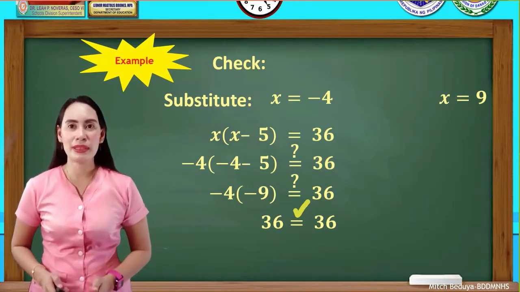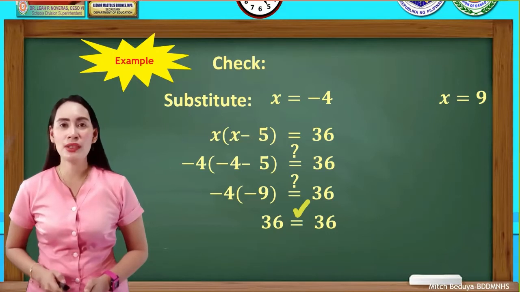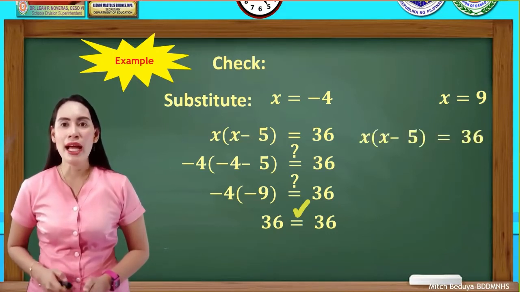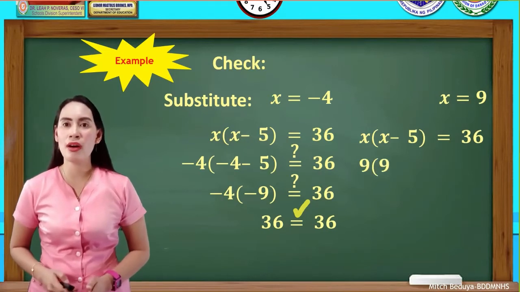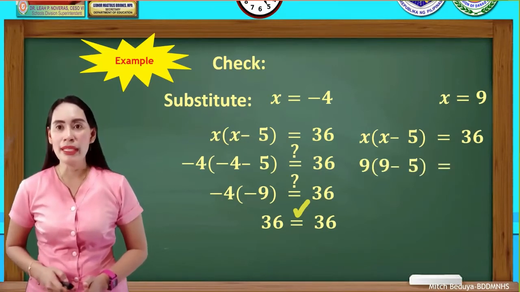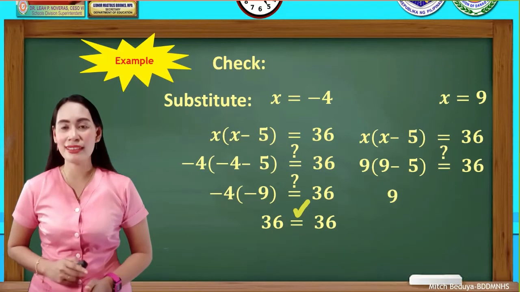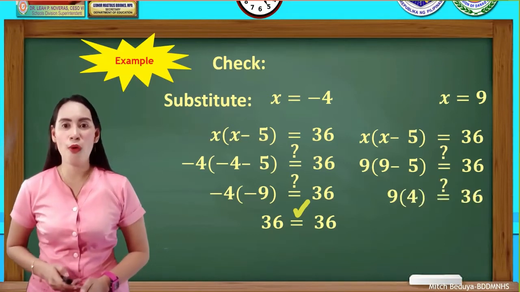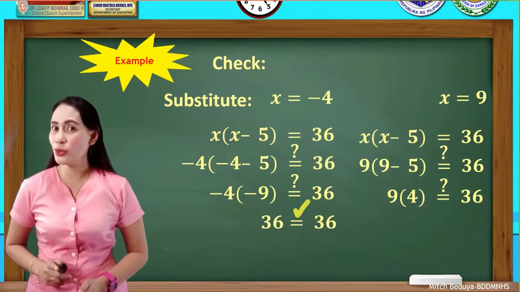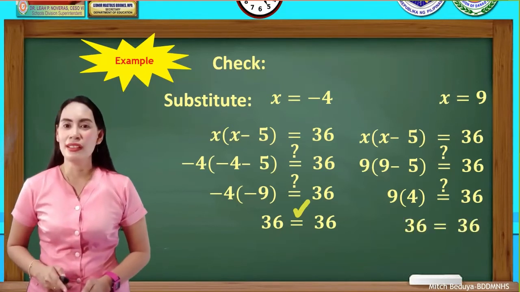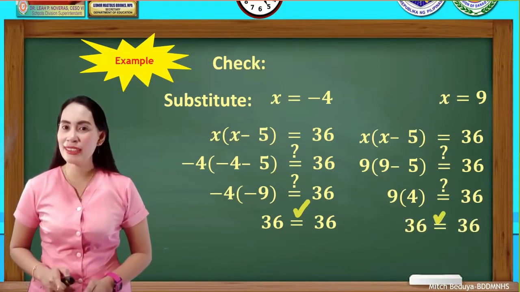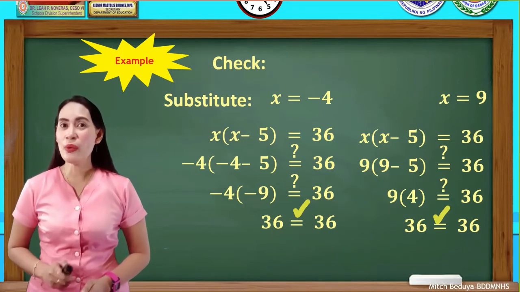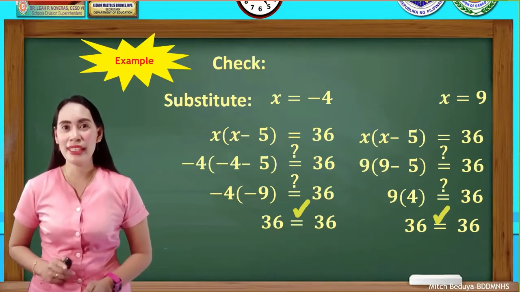Next, substitute 9 to x in the original equation. So we have 9 times the quantity of 9 minus 5. Is it equal to 36? Then, 9 times 4, is it equal also to 36? Next, 36 is equal to 36.